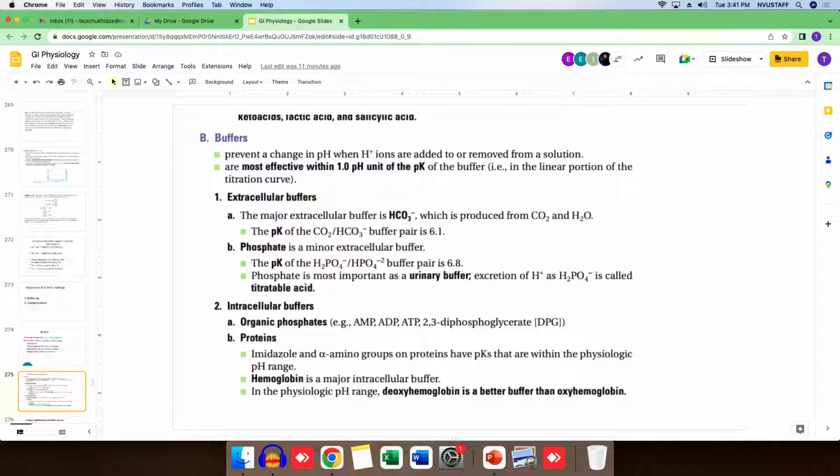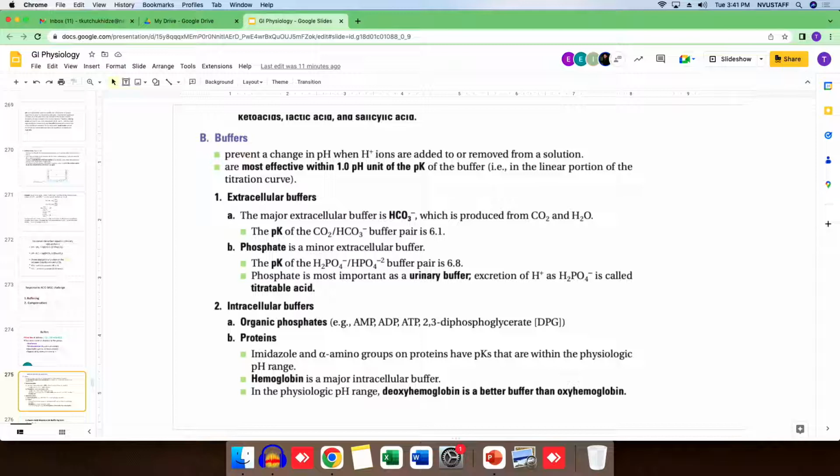The pK of CO2 and bicarbonate is around 6.1, and we also have a minor component, the phosphate. The phosphate pK is around 6.8, and it exists in two forms: the acid form and the A minus form. The A minus form is HPO4 2 minus, and the acid form is H2PO4.